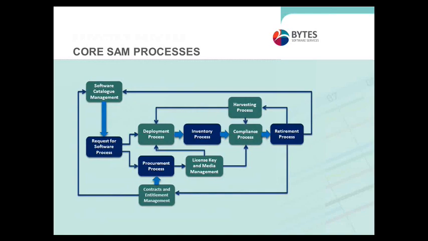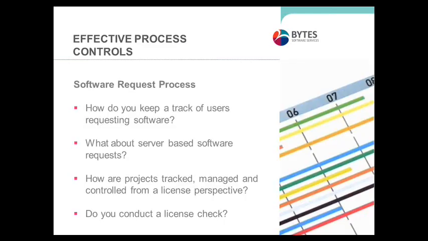The final point, license check. Do you conduct a license check? We find that many of our customers have the mechanisms in place to track user-based software requests, but some organisations still fail to carry out a license check prior to actually deploying the software and typically pass the request directly through to procurement. So they tend to purchase a license rather than risk a license not being bought at all.